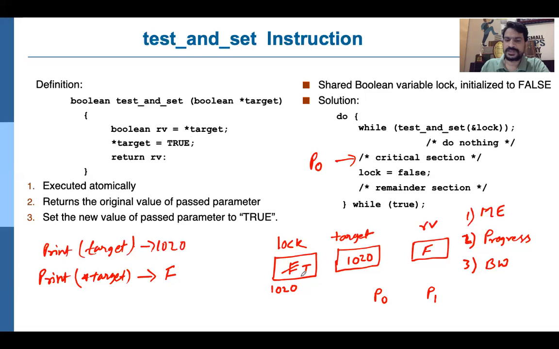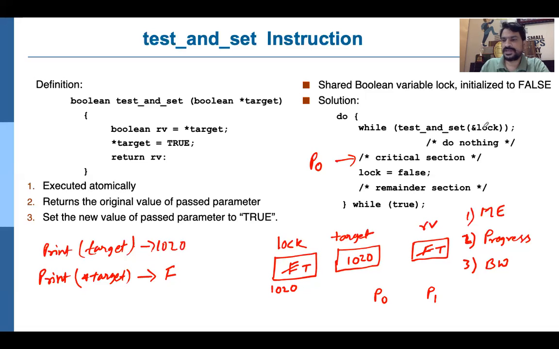What is the value pointed to by the pointer? It is true. So this RV value will become true, right? Now after that, target will become true, but it is already true, so we don't have to modify it. Then it will return RV, which is true.